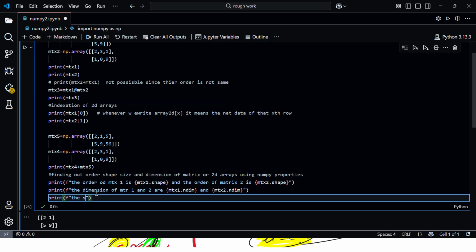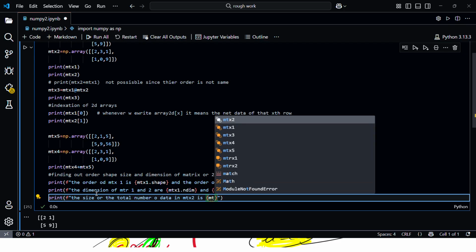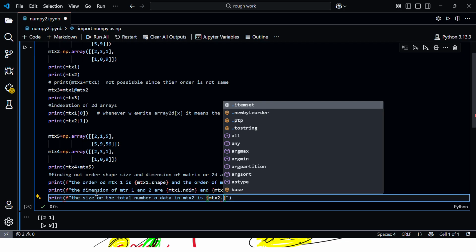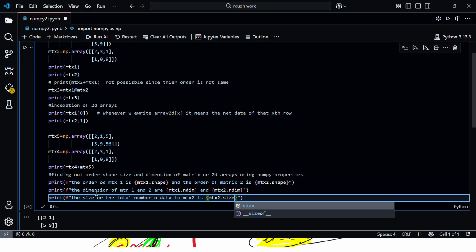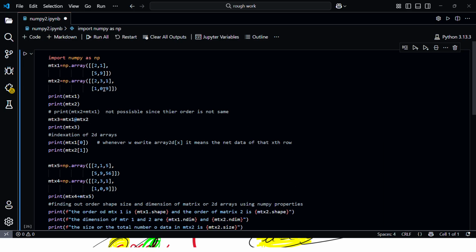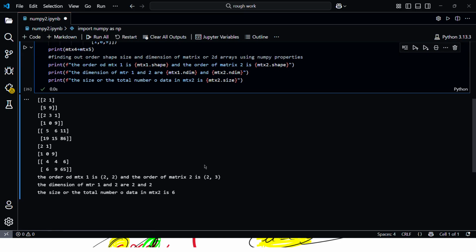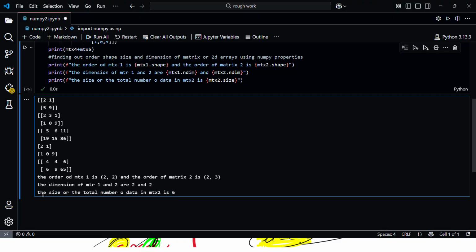The total number of data in matrix 2 is matrix 2 dot size. What's expected? There are 2 cross 3, that is 6 data. So the total number of data in matrix 2 is 6.